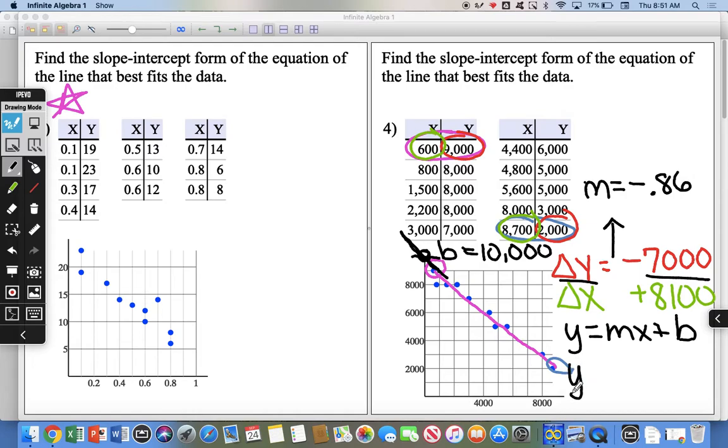So we'll go with negative 0.86x plus 10,000. Right, any questions?